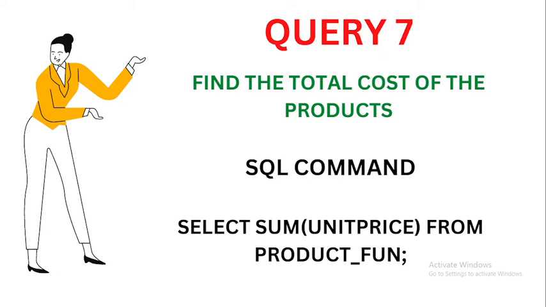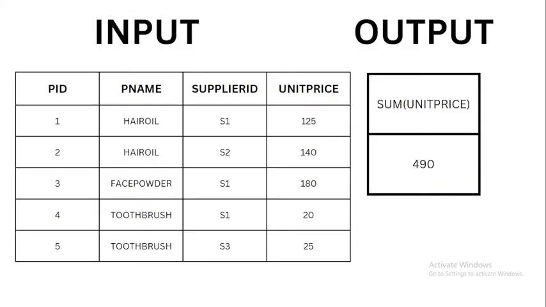Let's see what the SQL command for this query will be: SELECT SUM on unit price, which is our column name, FROM table name. Once we apply and execute this SQL command, your output will look like this. We will have only one column as output, which is SUM(unit price), and it sums the values associated with the unit price.